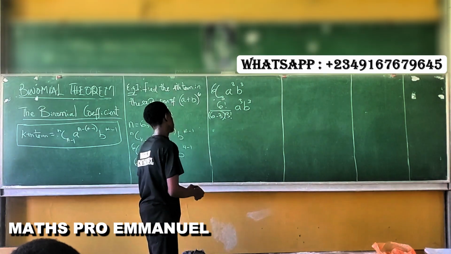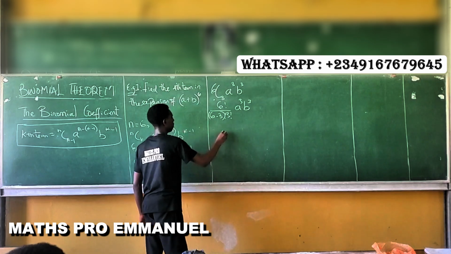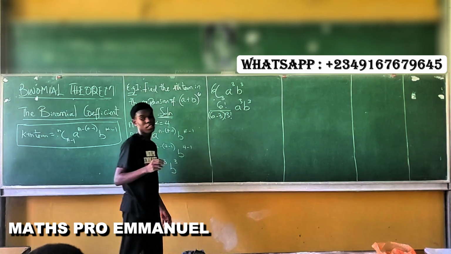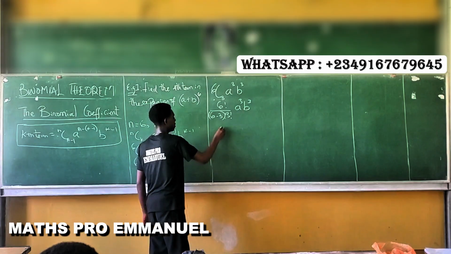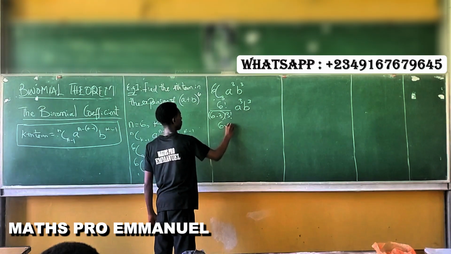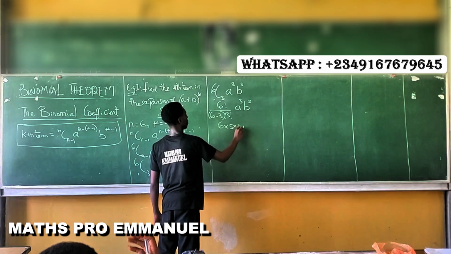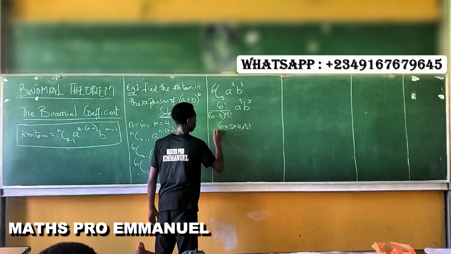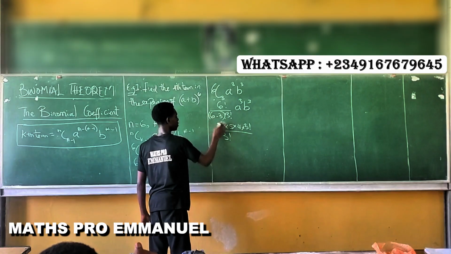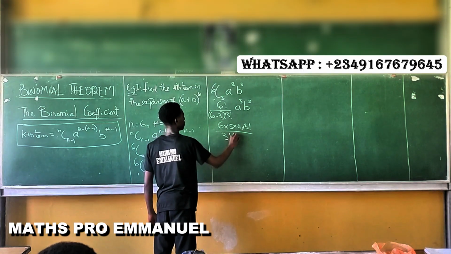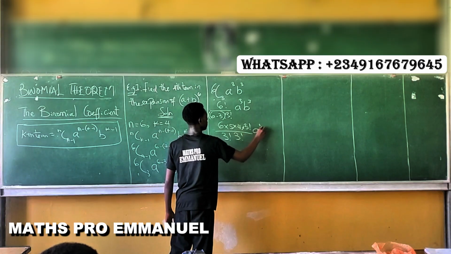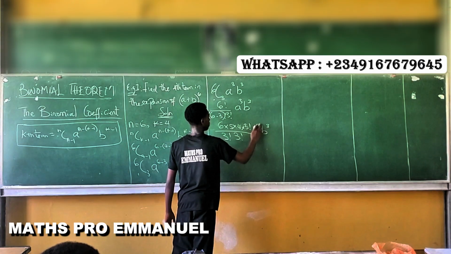So now we have 6 factorial. Let me expand this a little, because I want to feel as if I'm not using a calculator so the work will be easier. So I have 6 times 5 times 4 times 3 factorial, all over (6 minus 3) factorial, which is 3 factorial, then another 3 factorial here, then a raised to the power of 3, b raised to the power of 3.